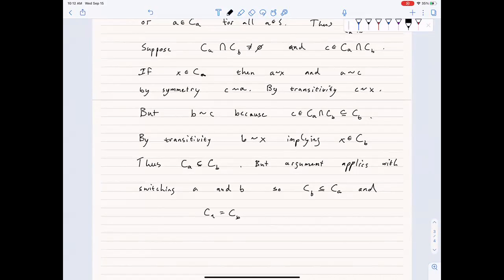Think of the sign example of equivalence. Two things are equivalent if they share the same sign. So I can take 2, and its equivalence class is all positive numbers. I can take 1,000,000,003, and its equivalence class is all positive numbers. Those are the same set of positive numbers, right? So I can write it as C_2 in one instance and C_1,000,000,003 in another.